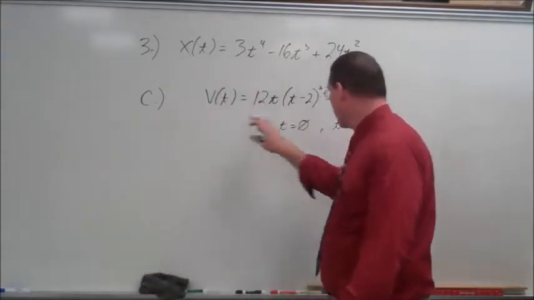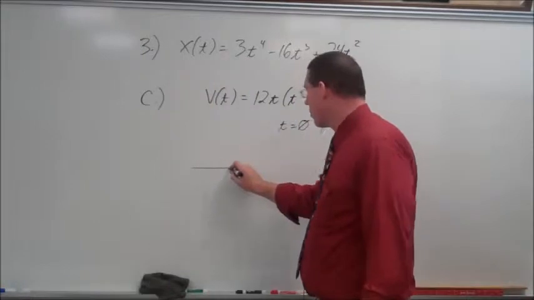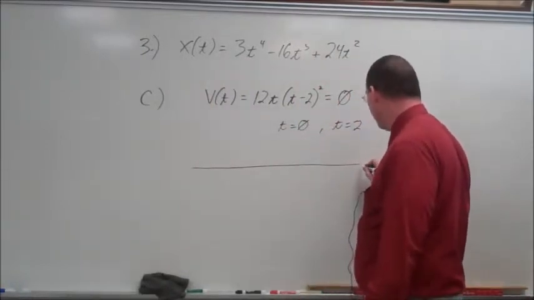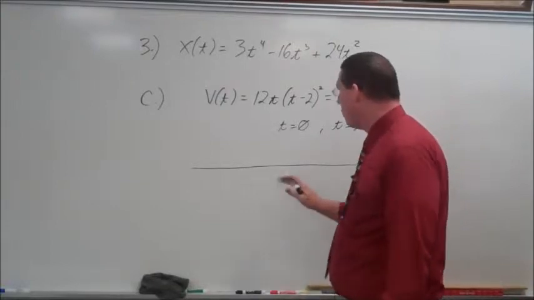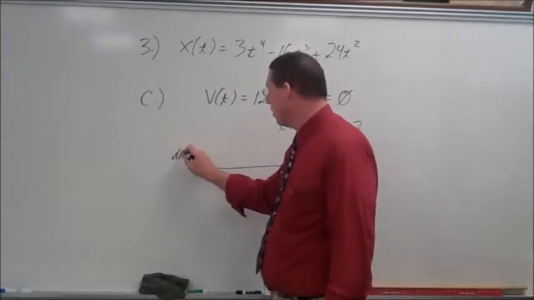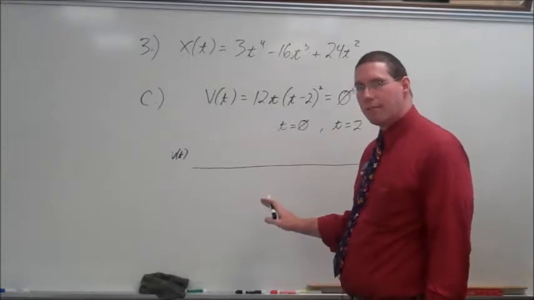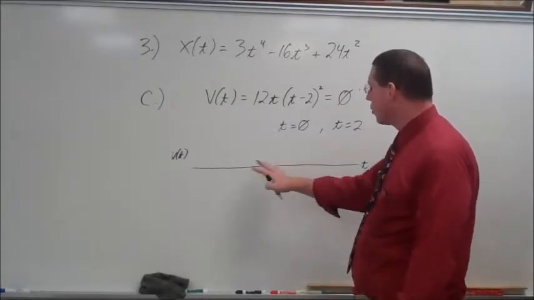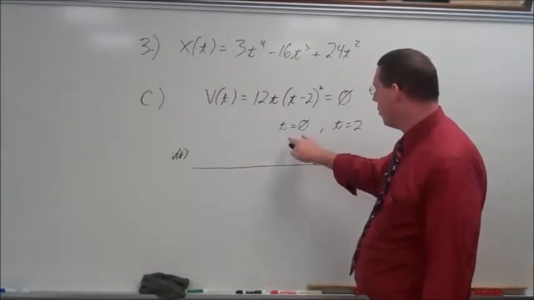To answer part C here, I'm going to draw a horizontal line, and this is going to have the t values on it. Then we're going to look at whether v of t is positive or negative at various values of t. The first thing you're going to put on your sign chart is your zeros.